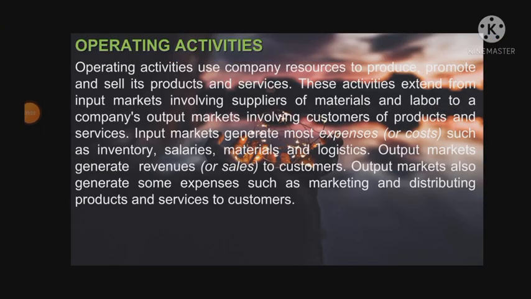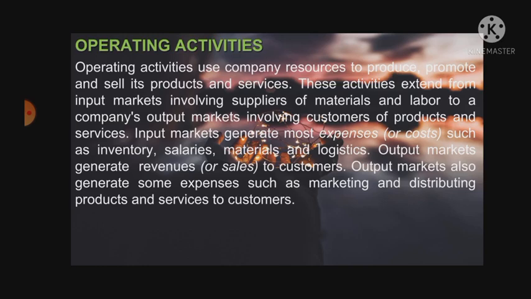Operating activities. Operating activities use companies' resources to produce, promote, and sell its products and services. These activities extend from input markets involving suppliers of materials and labor to a company's output markets involving customers of products and services.